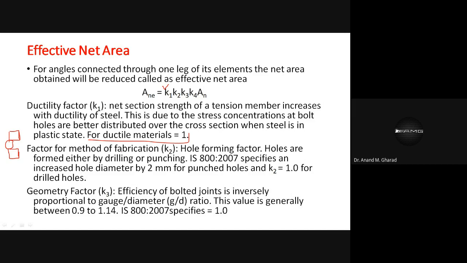This is also known as the hole forming factor. So holes are formed either by drilling or punching. As per IS 800, increase hole diameter by 2 mm for punched holes, and K2 is equal to 1 for drilled holes.